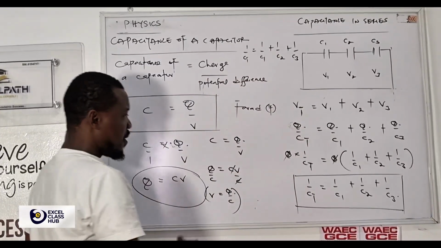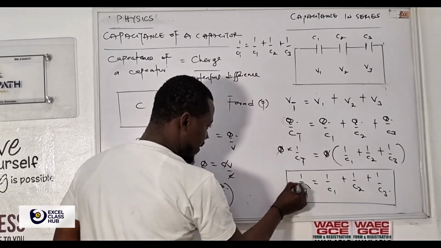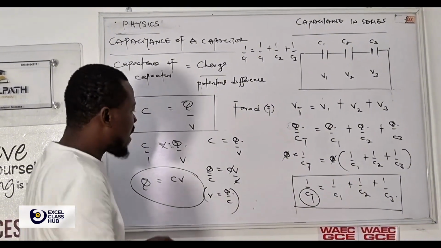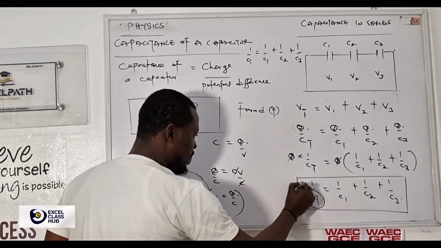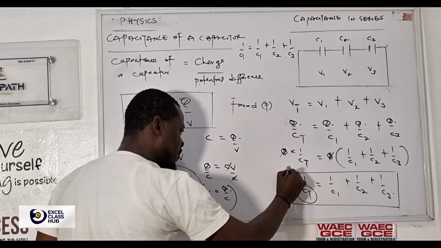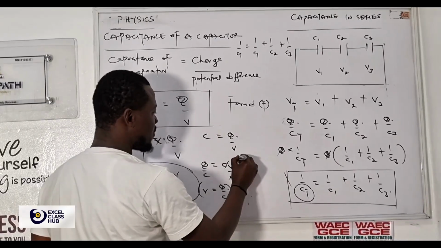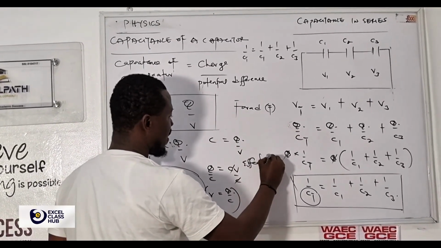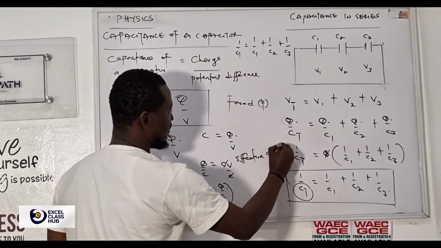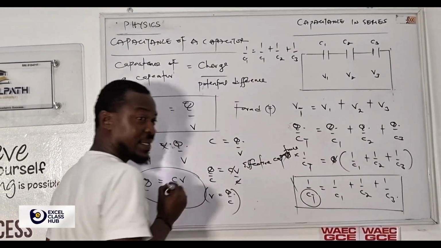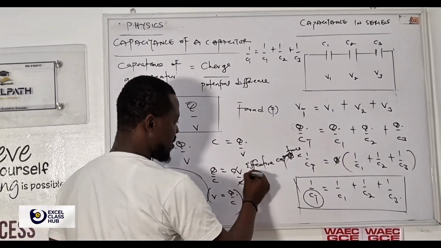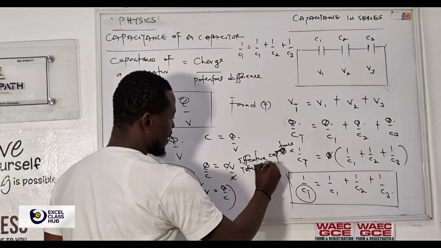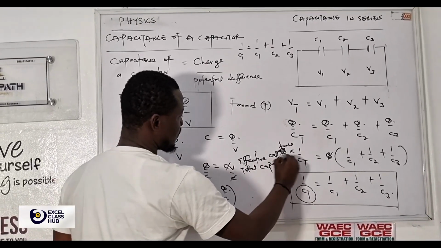But you see this CT here comes out in different forms. From your past questions, or if you're asked to solve a question, you may be asked to calculate the effective capacitance. At times they may change it to calculate the total capacitance.